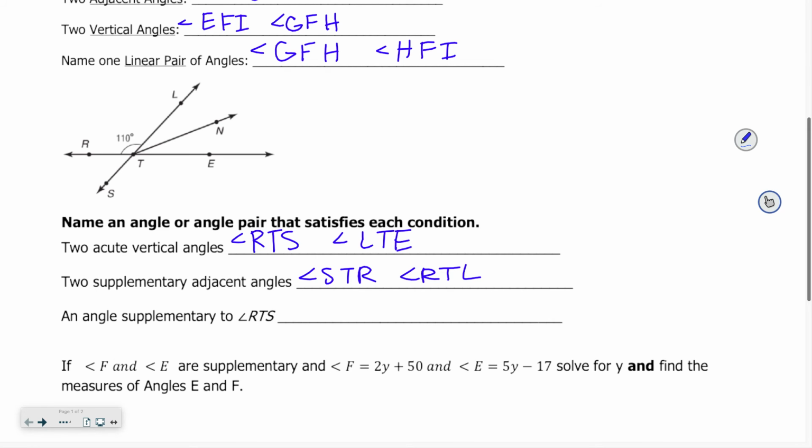You could have picked RTL and LTE. They need to be a linear pair. All right, an angle supplementary to RTS. STE will work.